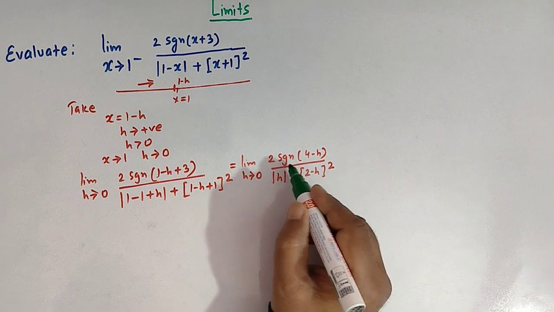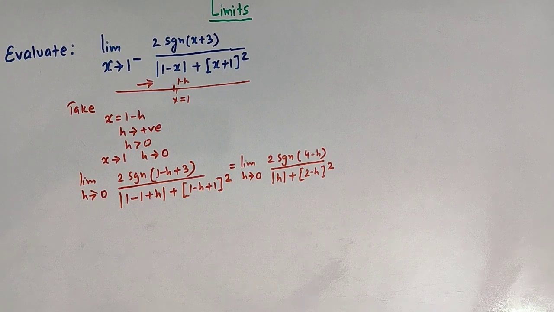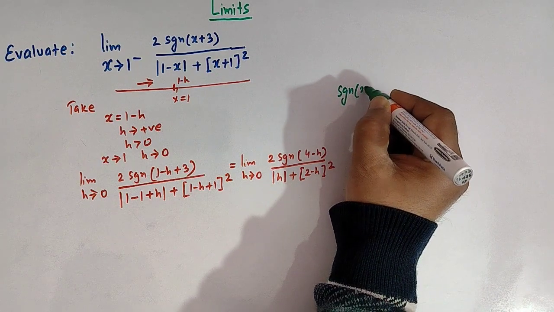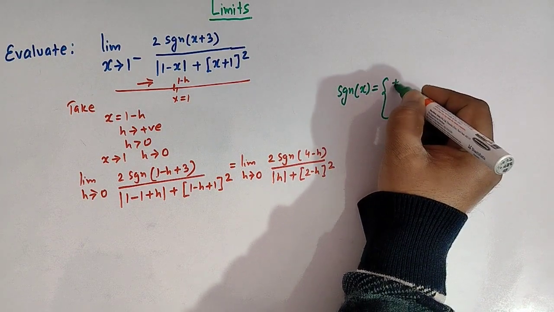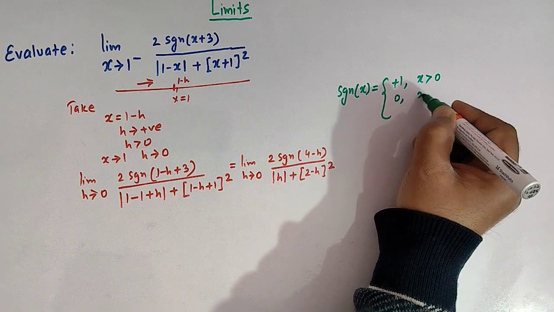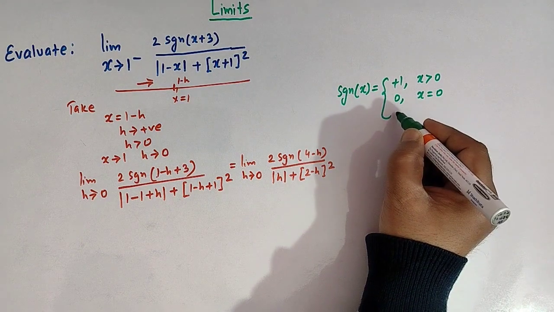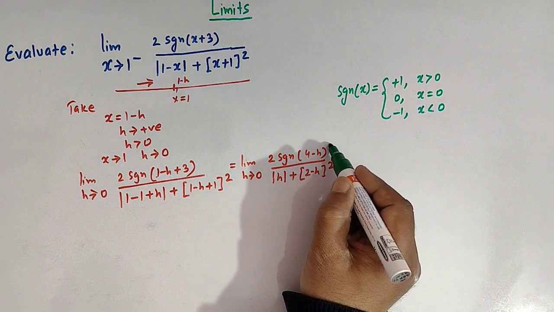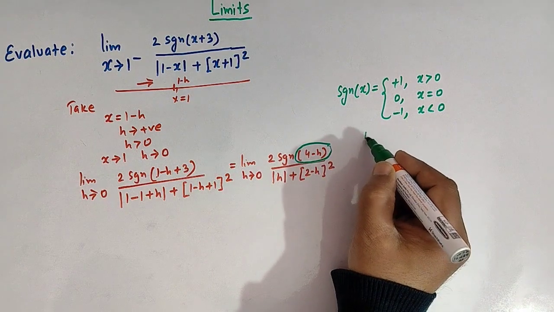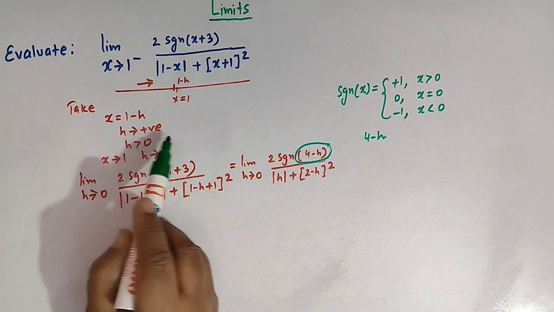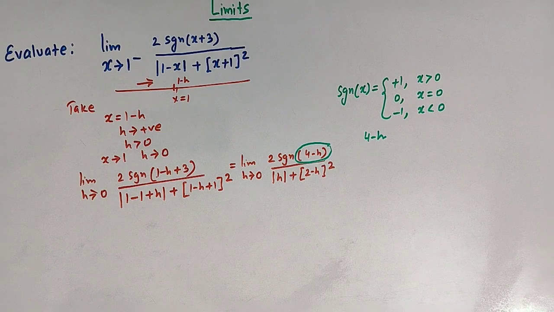First we'll take the signum function. If we define the signum function, then signum of x is plus 1 whenever x is greater than 0, signum of x is equal to 0 whenever x is equal to 0, and signum of x is minus 1 whenever x is less than 0. Now let us concentrate on the term 4 minus h. We know that h is a positive quantity, but a very small one, infinitesimally small.